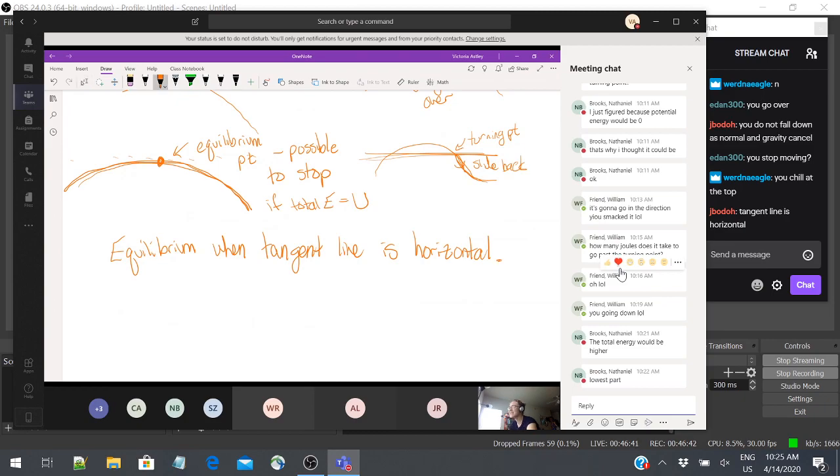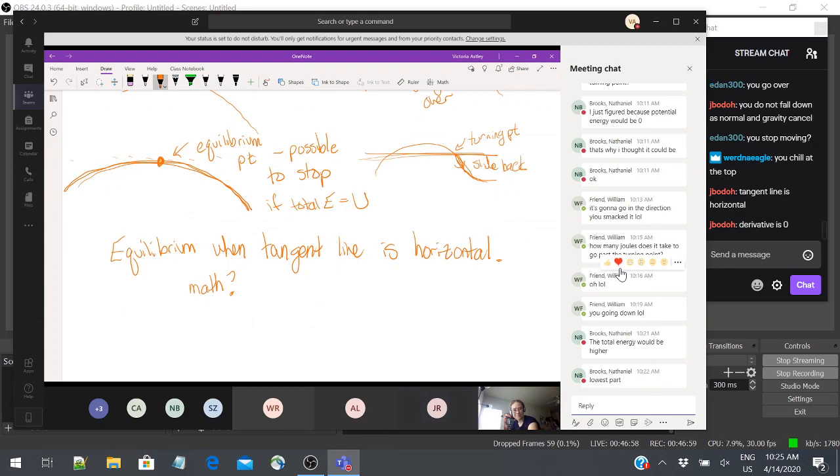So can we say tangent line is horizontal in a mathematical way? How do we say tangent line is horizontal? Derivative is 0. Derivative of u in the x direction is 0. Okay.